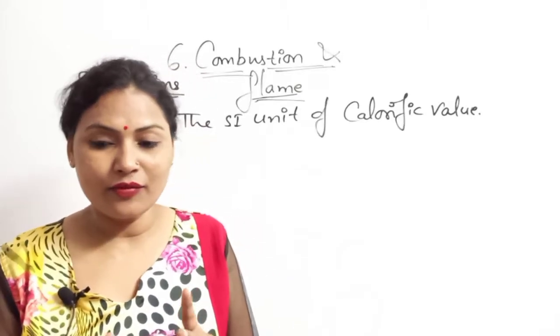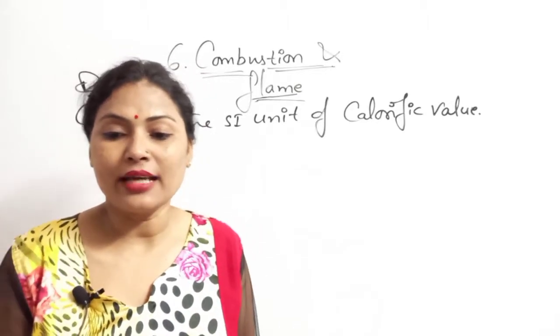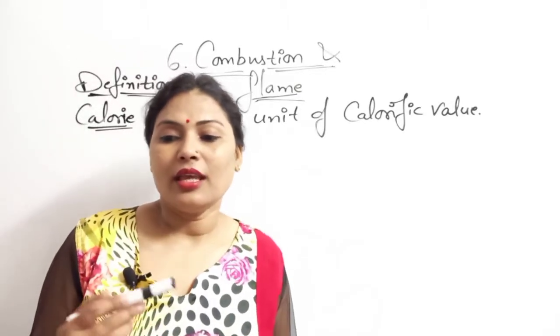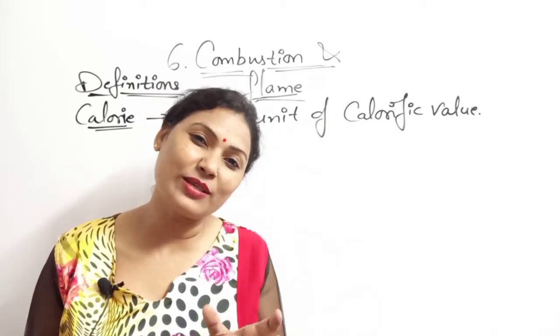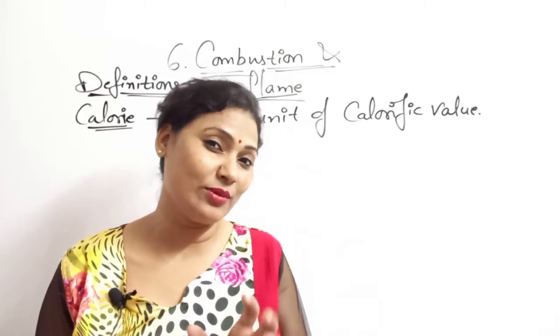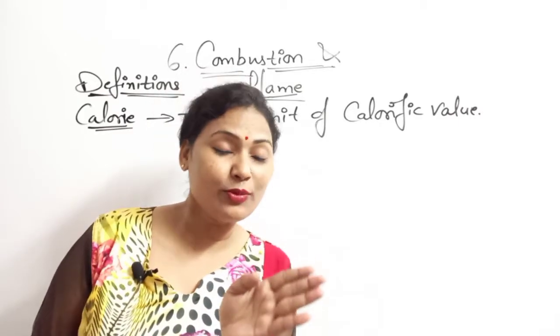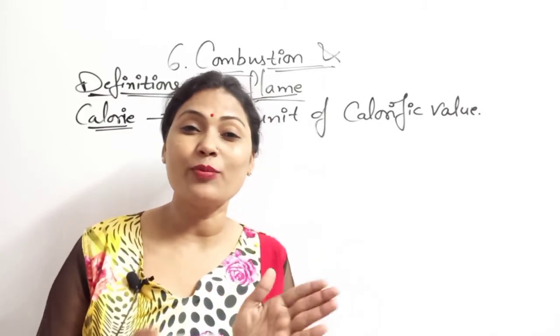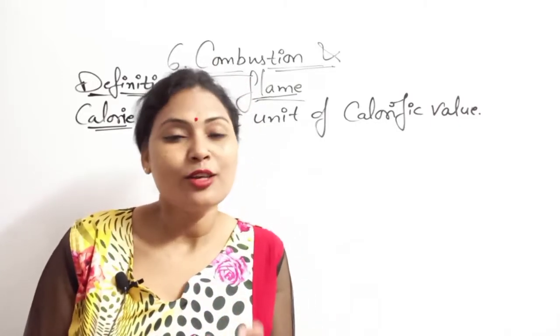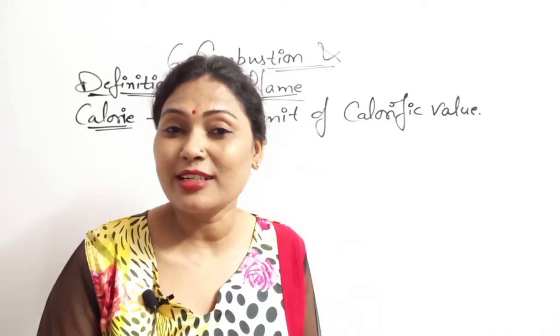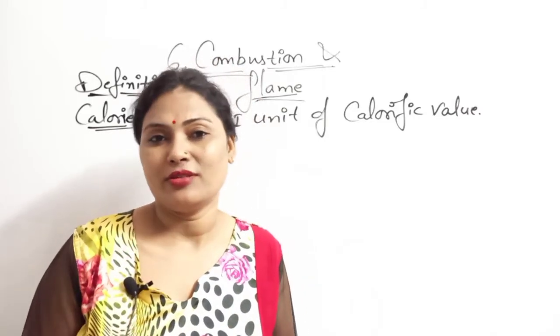Second, a supporter of combustion must be present, otherwise combustion is not possible. It means the presence of oxygen or air. So the supporter of combustion is oxygen, which is also necessary.